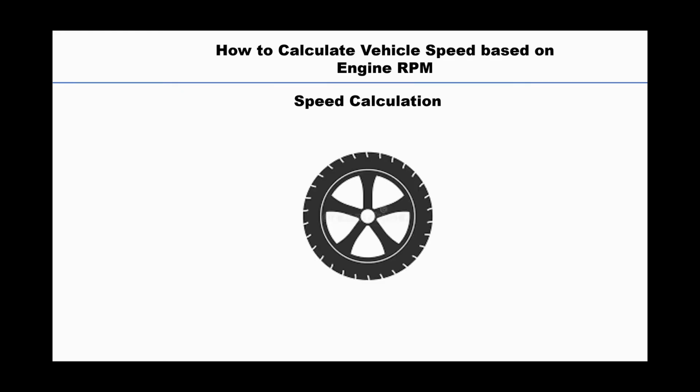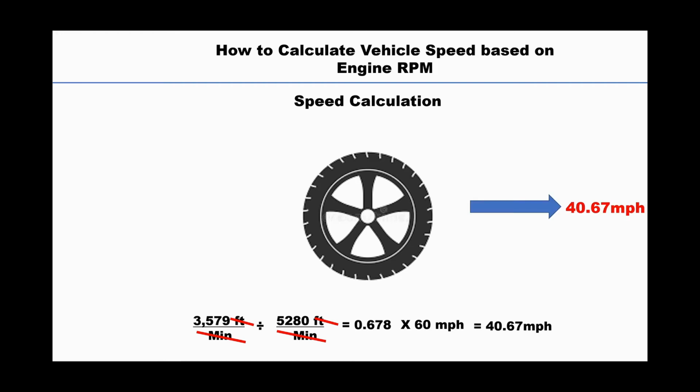So now we can calculate our speed. We'll take our 3,579 feet per minute, divide that by 5,280 feet. Our units cancel, and we're left with a constant of 0.678. We'll take that times 60 miles per hour, and we're left with our answer of 40.67 miles per hour. So our vehicle speed with an engine speed of 2,000 RPM is 40.67 miles per hour.